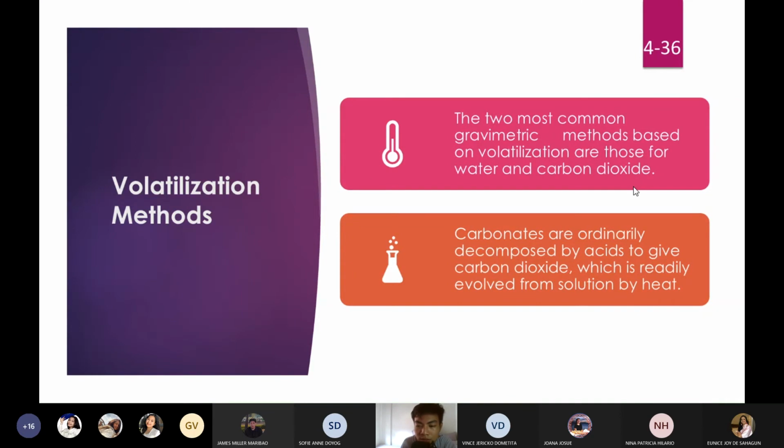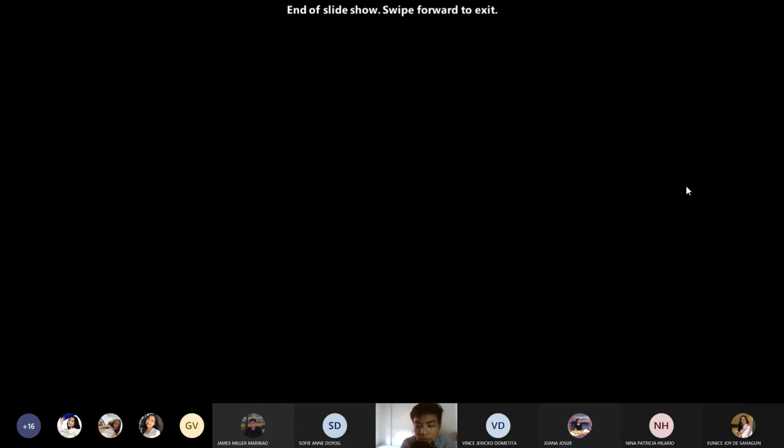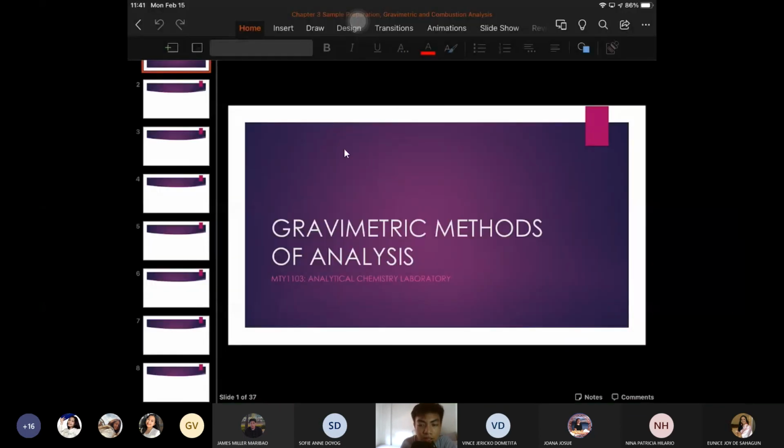Basically, what you're going to do is that you will combust your substance into gases, no? So, after combustion, ang mabubuo doon ay water and carbon dioxide. Kukunin mo lang yung mass, then i-convert mo sila into moles, then eventually to empirical formula. Again, yung calculations, next meeting na lang.